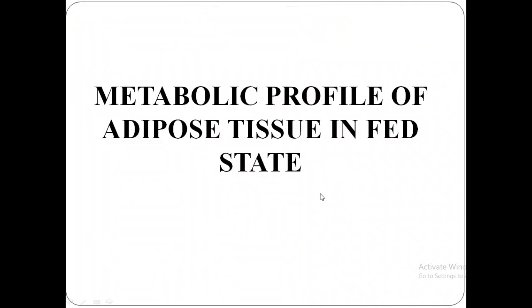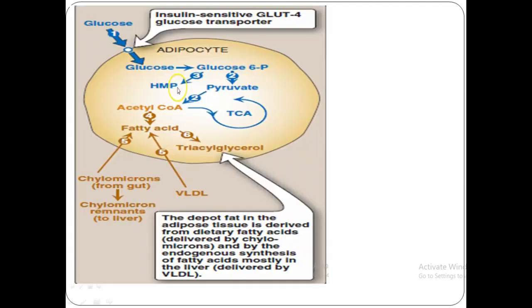Now we will discuss the metabolic profile of adipose tissue in fed state. See, adipose tissue is second only to liver in its ability to distribute fuel molecules. In a 70 kg man, white adipose tissue weighs approximately 14 kg, or about half as much as the total muscle mass.